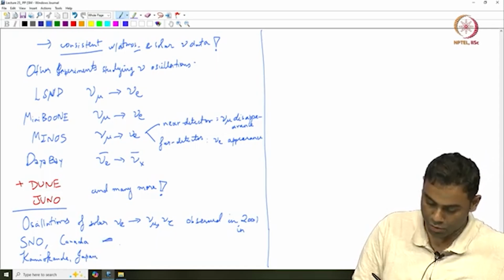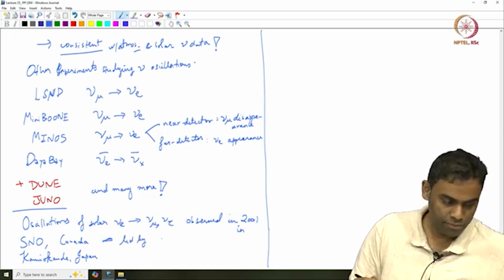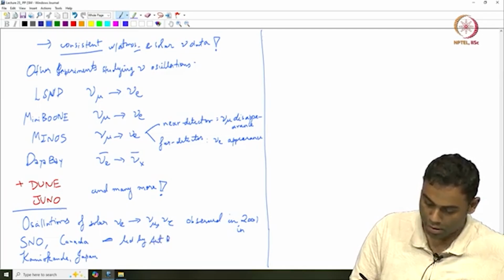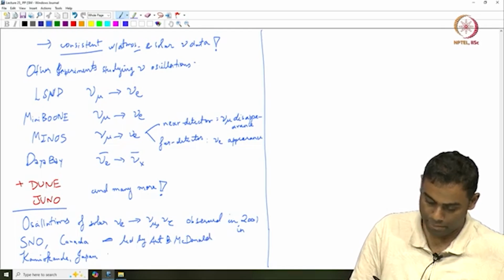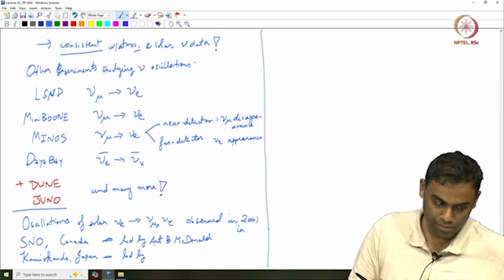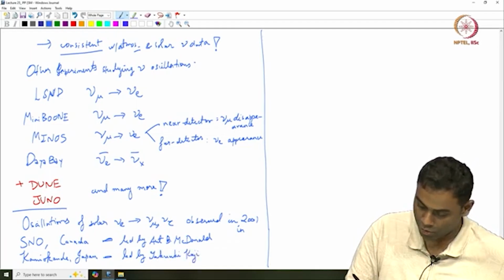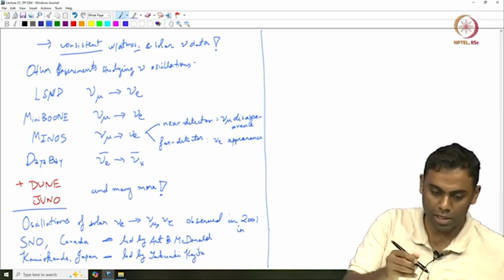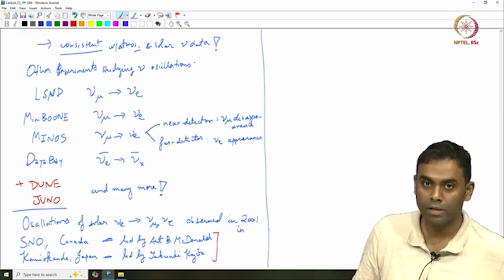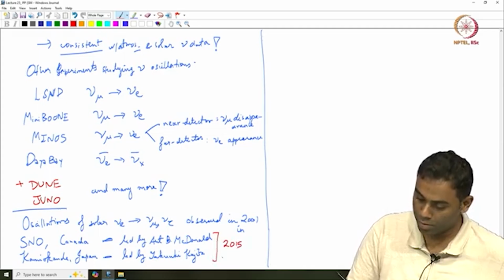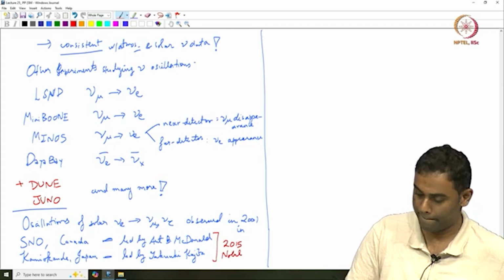and the first experiment was led by a gentleman called Art McDonald, and the other was led by Takaaki Kajita. So, why am I writing these names? Because as recently as 2015, these 2 people got the Nobel Prize in physics for this.